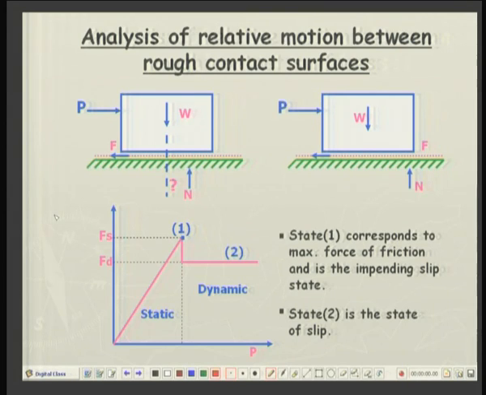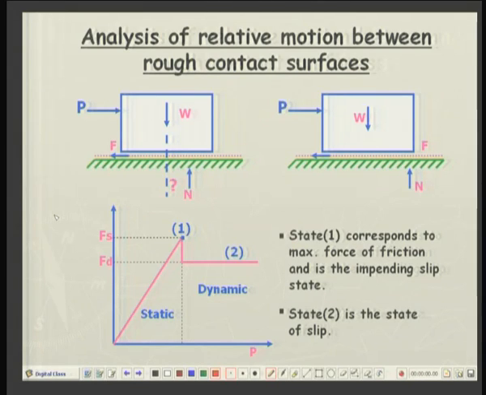Now, in the vertical direction, W is the weight of the block, acting vertically downward. So, there has to be a vertically upward force to maintain the body in equilibrium, sigma F_y equal to 0.